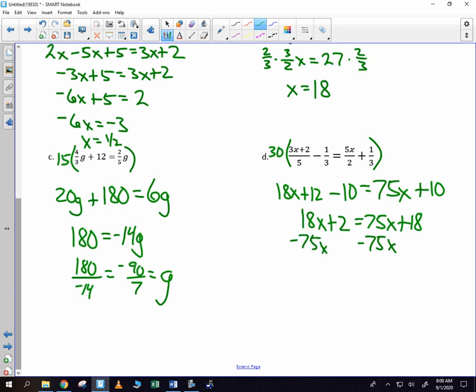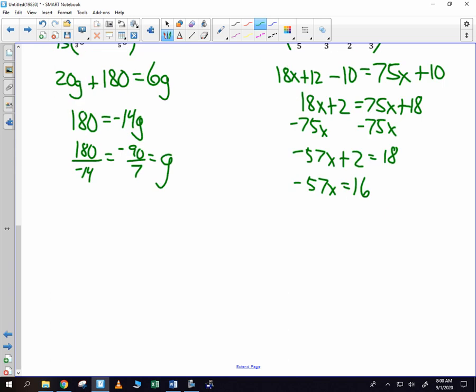And I get negative 57x plus 2 equal to 10. Finally divide. Oh, somehow that 18 came in over there.